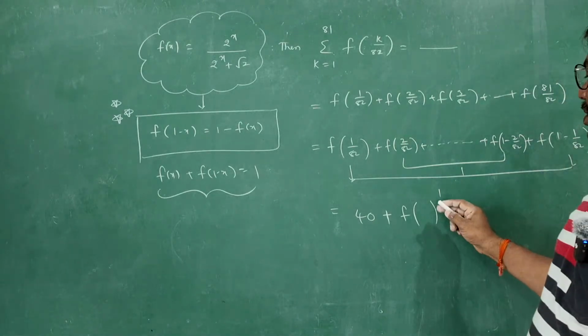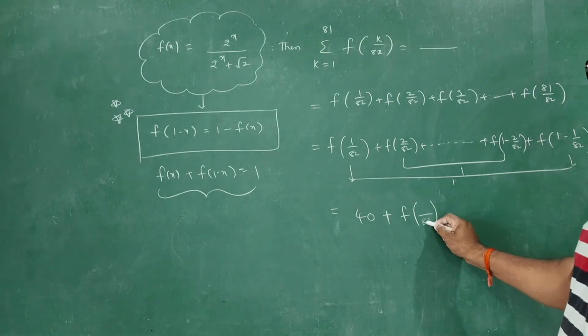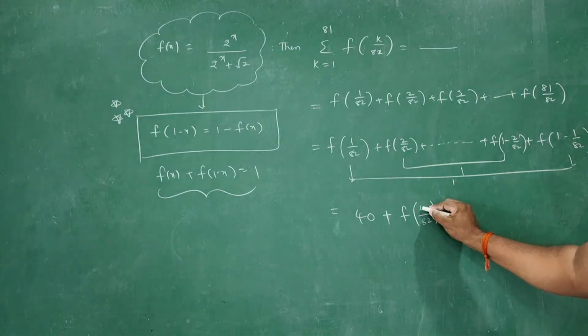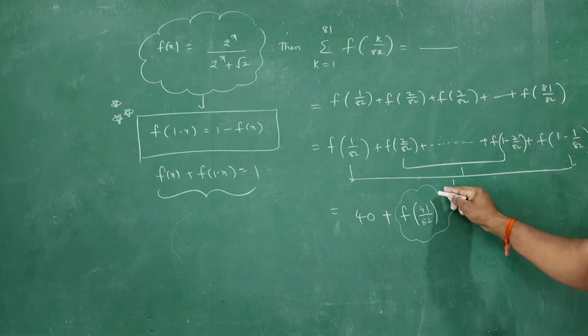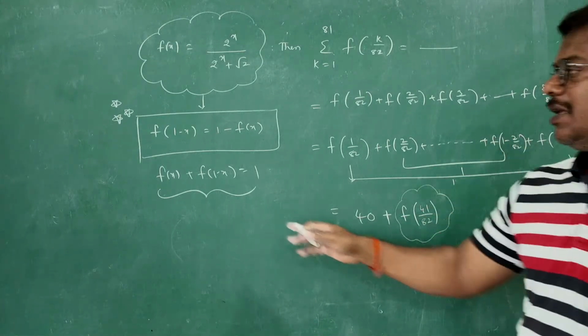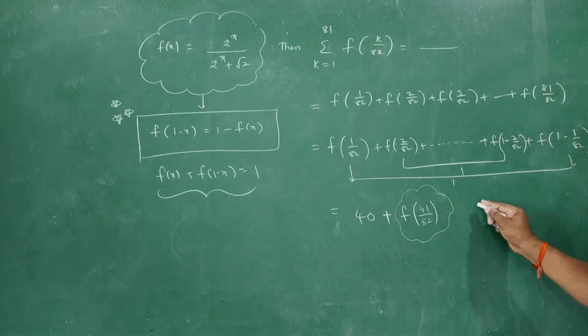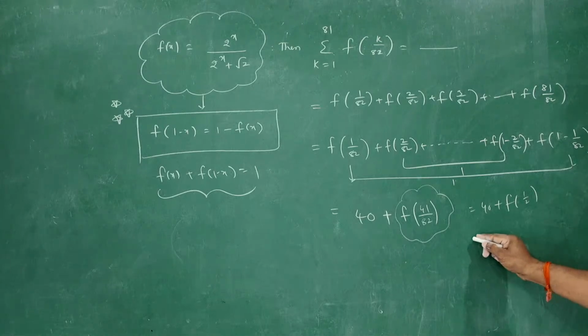In between them, without combination, what we get? 82, and the middle one from 1 to 80, 40. So here it is 41, the middle one. It doesn't have the pair, and the remaining will have the pair. So the combination of pairs gives 1. Such number of pairs you will get is 40. So it is 40 plus f of 1 by 2.